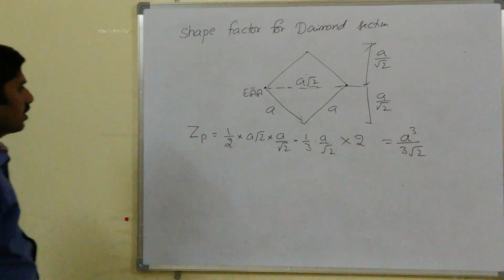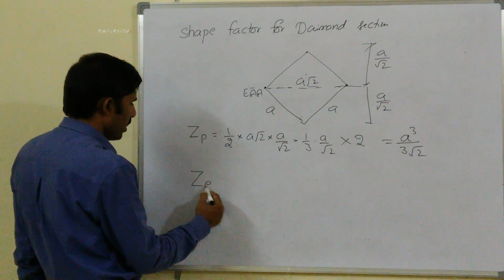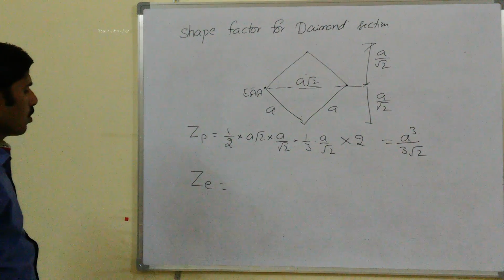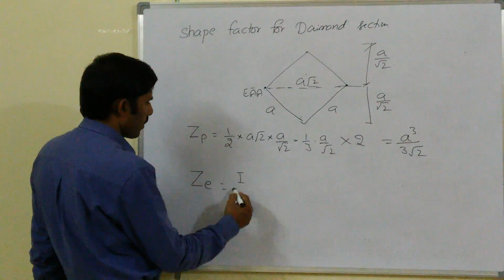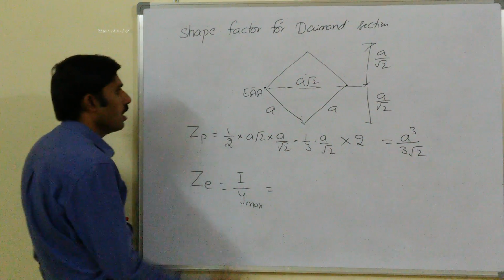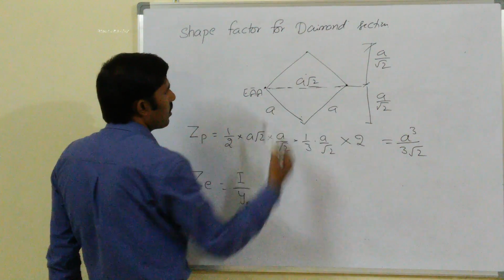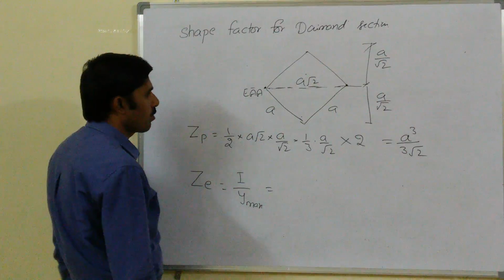That is ZP, the plastic modulus for the diamond. Now the moment of inertia. What is the elastic modulus? Elastic modulus is moment of inertia divided by Y max, I by Y max. What is I? We know for this triangle about the base, it is BH cube by 12, and this one also BH cube by 12.